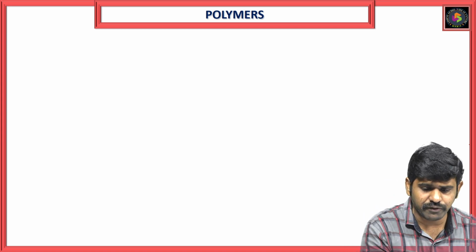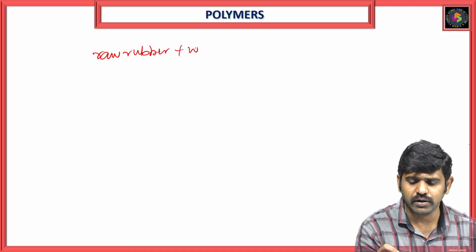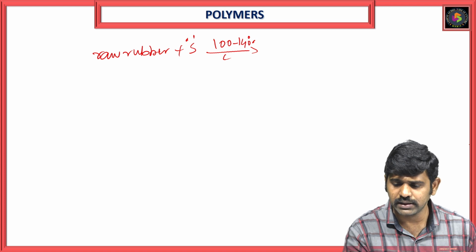So the process of heating raw rubber with sulfur at 100 to 140 degrees centigrade is known as vulcanization.